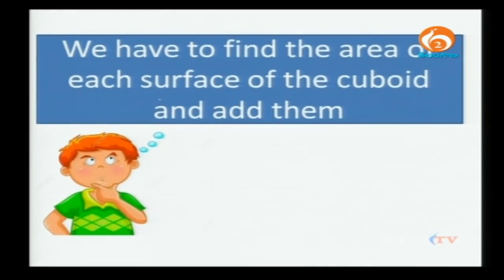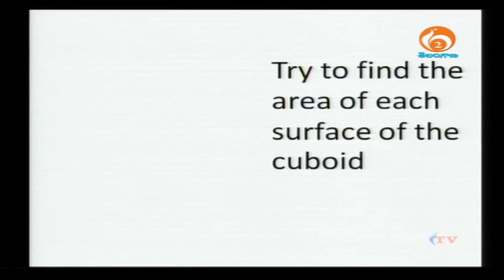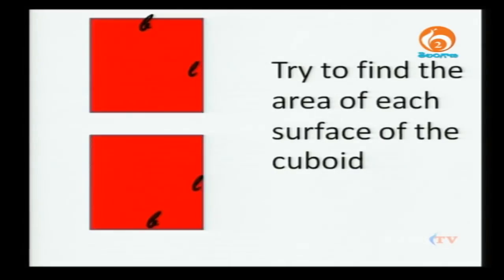Why? Because the name itself suggests it: total means a sum. That is why, as we have 6 faces, we have to find the area of each face of the cuboid and add them. Now, try to find the area of each face of the cuboid.